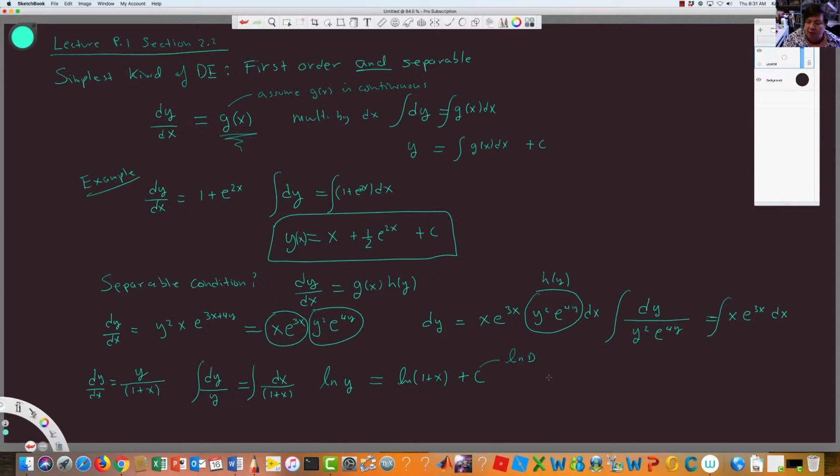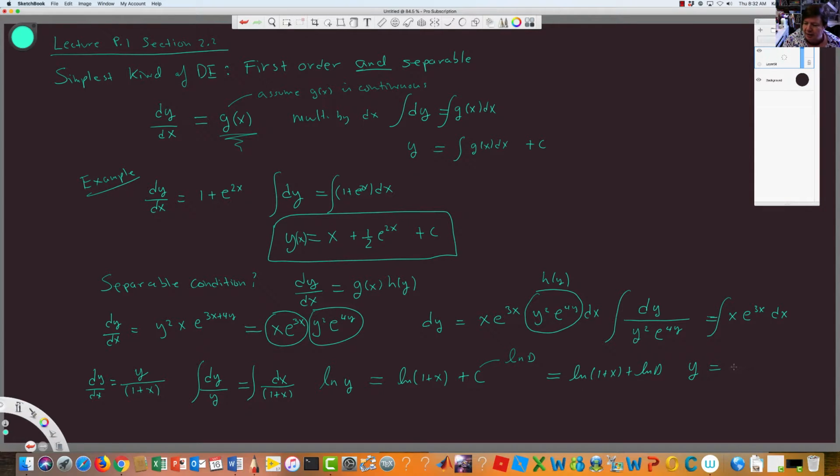So now I have ln of 1 plus x plus ln of d, and you're going to see why this is convenient, because I'm now going to take the exponential of both sides to get rid of these ln's. If I take the exponential of both sides, on one side I'm just going to get y, which is what we want.